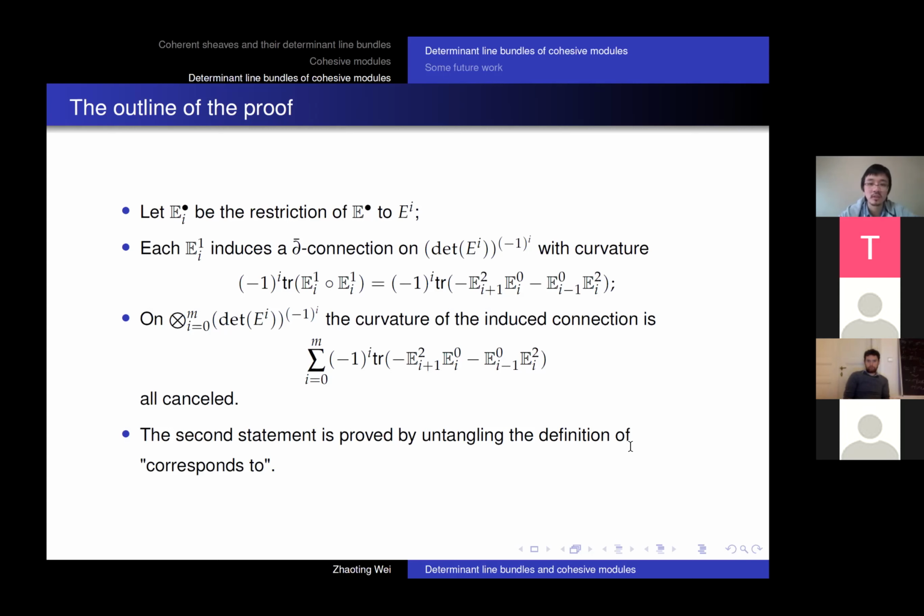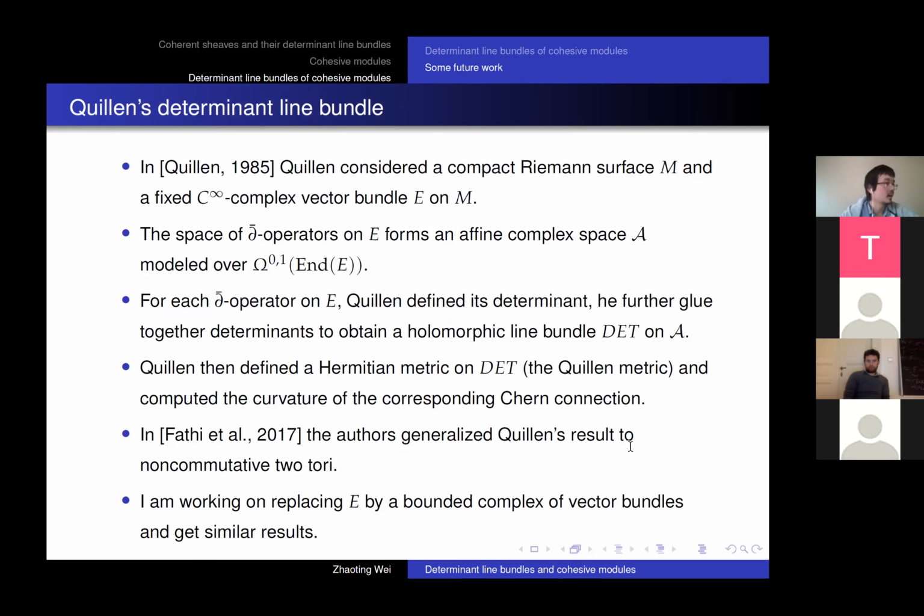So then let's talk about something I consider an interesting non-trivial further application, which is Quillen's study of determinant line bundles. In a celebrated paper, Quillen considered a complex Riemann surface M and a fixed C-infinity complex vector bundle E on M. And he considered the space of all D-bar operators.